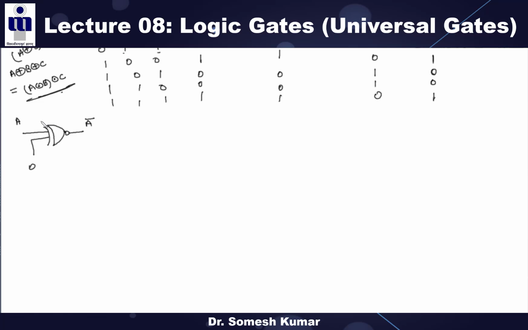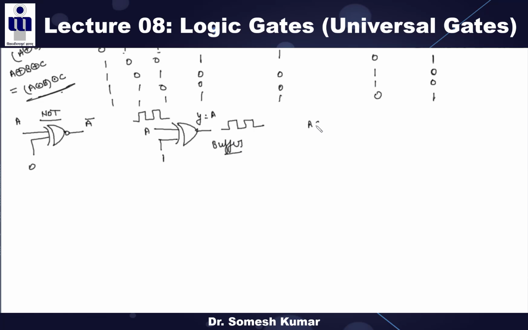So this behaves as your what? NOT gate, right? In the second case, if the control input is 1, what happens? It behaves as your buffer, Y equal to A, right?